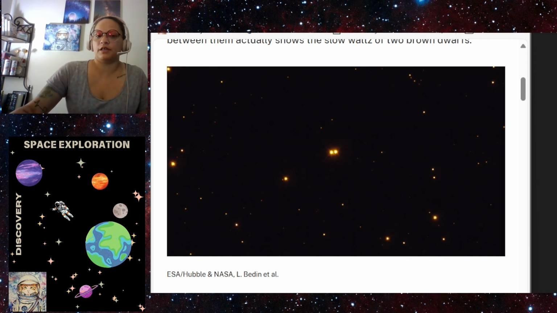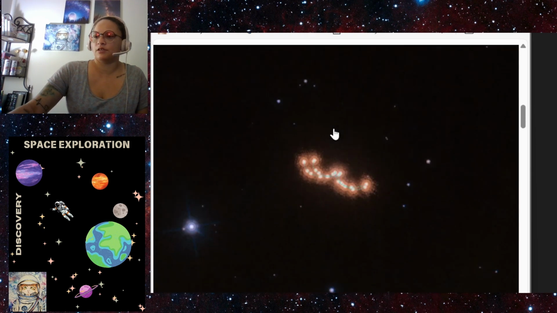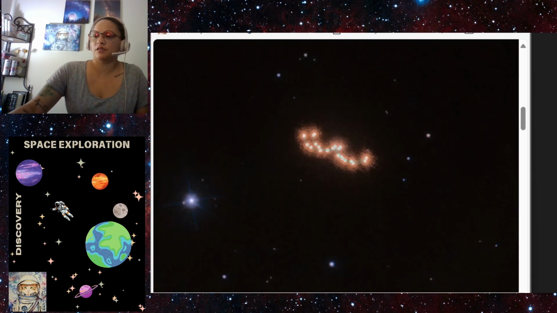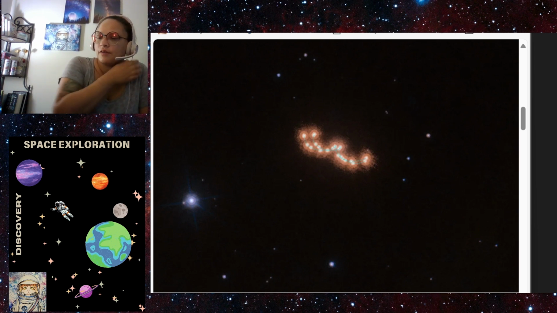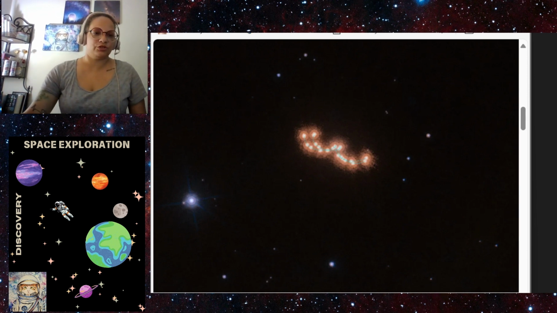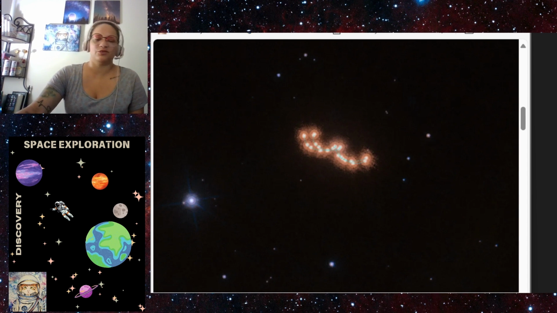When they compile them all together and then separate them, they look like this. It kind of looks like a W, but you can tell where they have transited in front of each other and where they have not. Sometimes there are two distinct point sources, whereas other times there's only one.